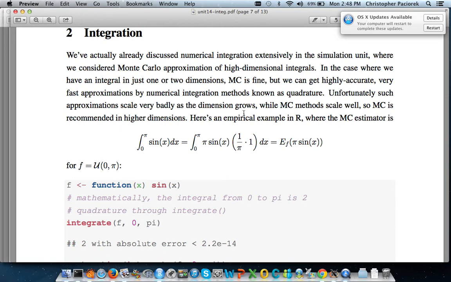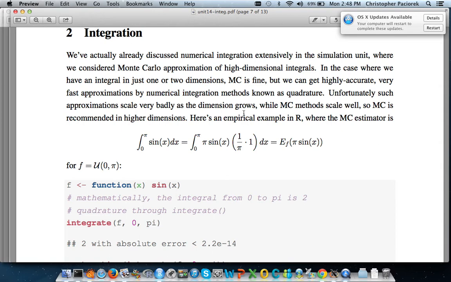And then I can approximate this by drawing a whole bunch of values independently from the density f, and then just taking the average, 1 over m of the sum of h(x_i). That was our Monte Carlo estimator of this integral.